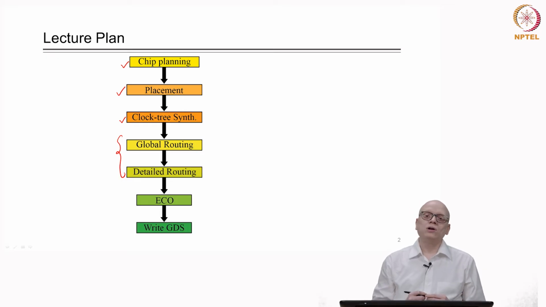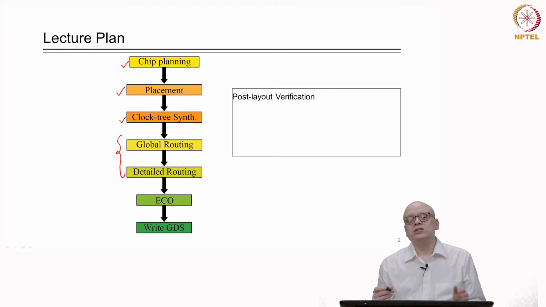However, before sending the final layout that was created after detailed routing to the foundry, we do some post layout verification to ensure that our layout is indeed delivering the functionality that we wanted, and also the figures of merit are acceptable.